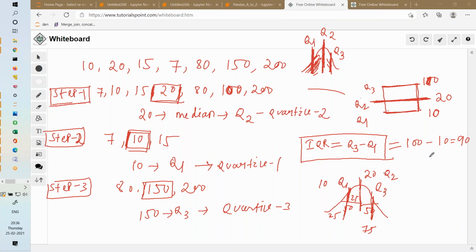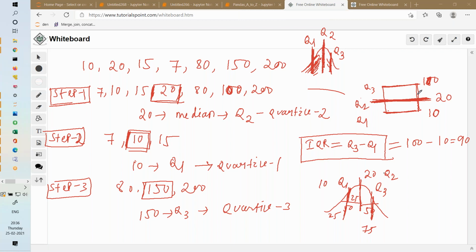75 and 25, 90. Now what I am setting here is from the median, from here plus 90, from here minus 90. Within that boundary I will set a threshold. Sometimes we can take 1.5 times IQR, 2 times IQR, 3 times IQR, or only IQR, depending on the data by checking multiple options.